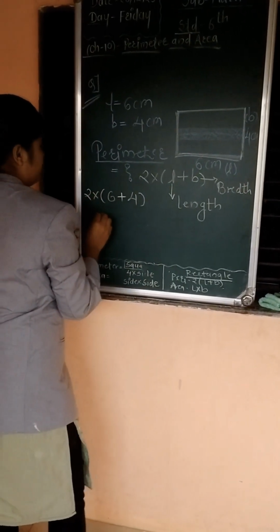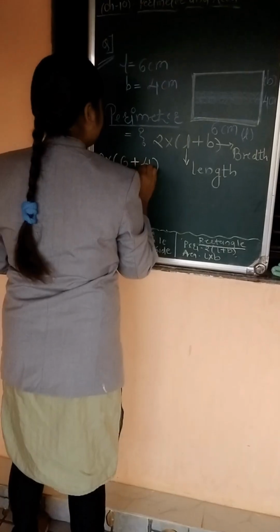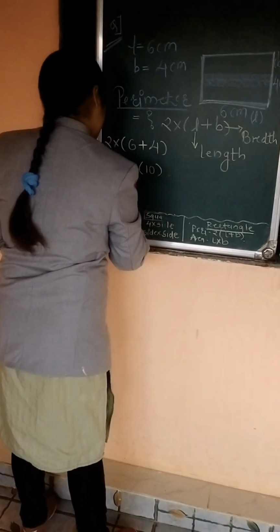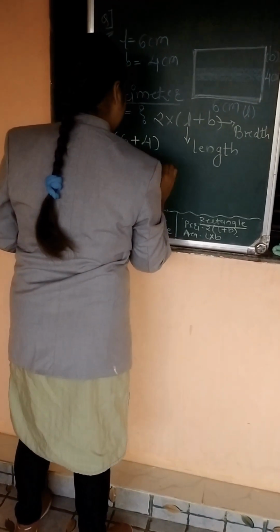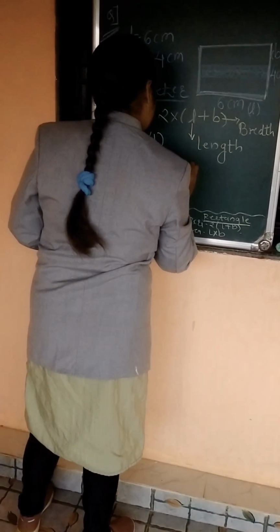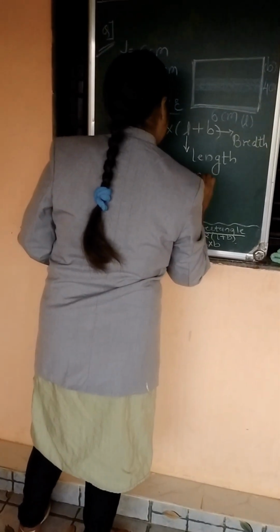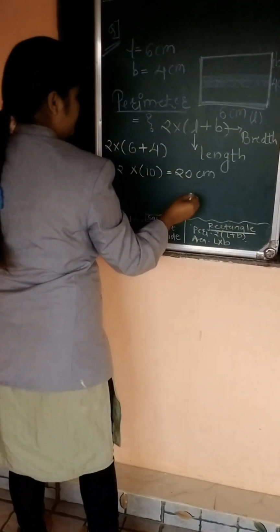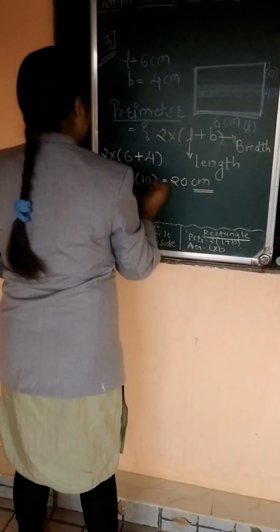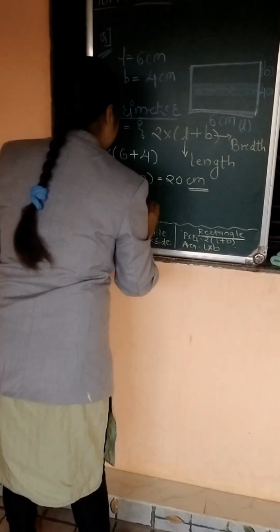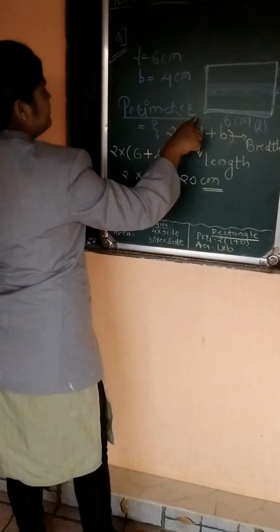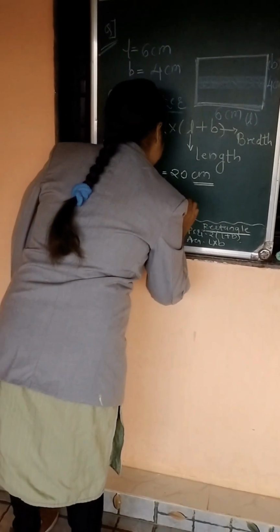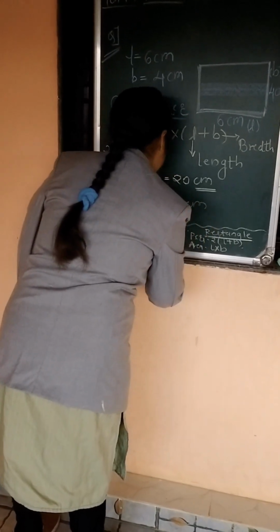So 6 plus 4 is 10, into 2. So 2 into 10 is equal to 20 centimeter. So we get the perimeter of this rectangular playground as 20 centimeter.